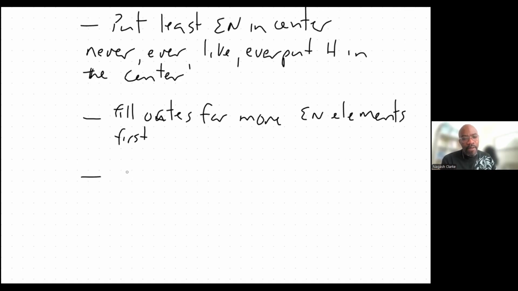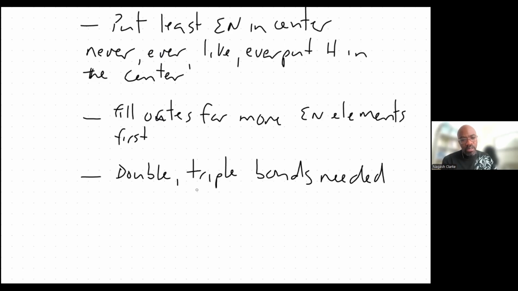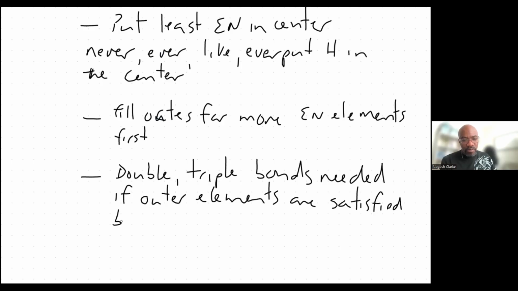Then double bonds or triple bonds are needed if the outer elements are satisfied but the central atom is still lacking.